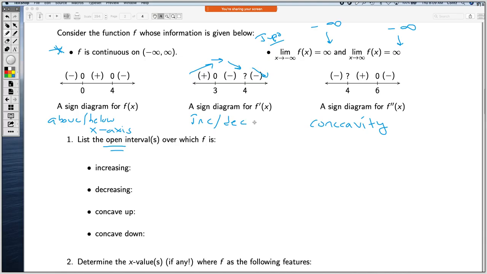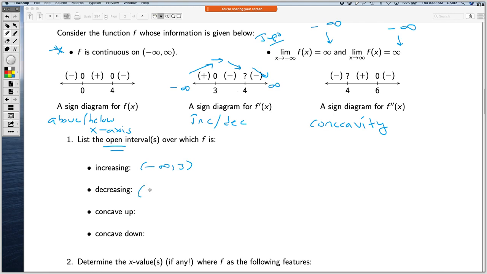All right? And so we've got two open intervals here, 3 to 4 and 4 to infinity, and the question is, can I combine them? Oh, I'm sorry, we want increasing. I'm jumping the gun again. Sorry about that. Increasing, we just have the interval minus infinity to 3. That's increasing.